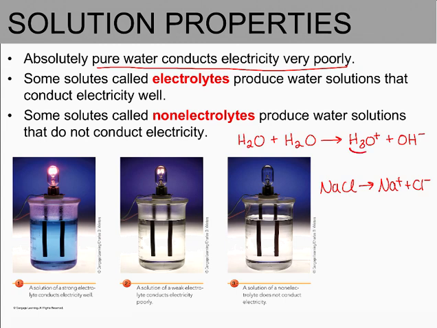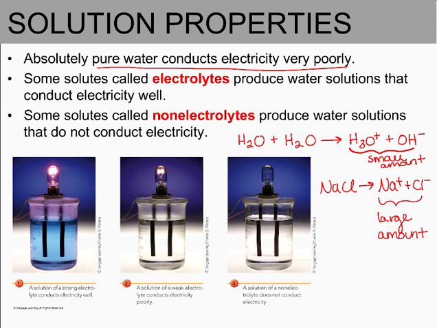So up above we have a really small amount of ions coming from water reacting with itself. But with sodium chloride, we have a large amount of ions in solution. And of course, this will be concentration dependent too. So the more sodium chloride that's dissolved, the more sodium and chloride ions that will be produced in solution.